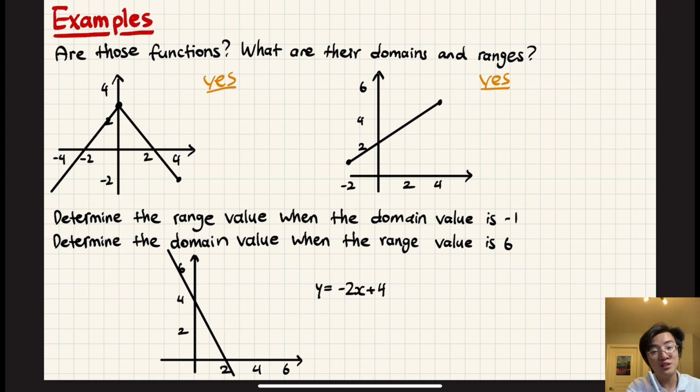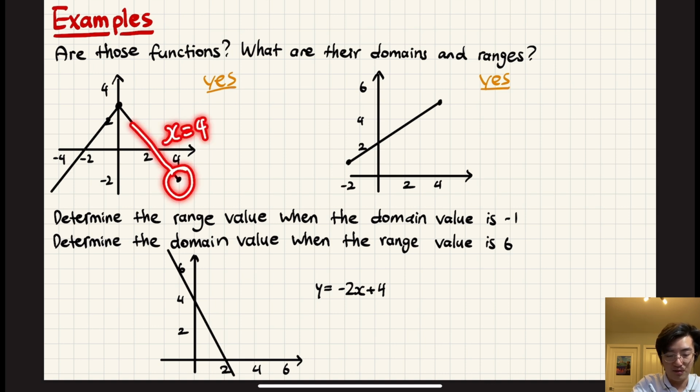So a quick way to determine the domain of a relation is to look at its x-axis, right? You can associate the domain with the x-axis and the range with the y-axis. So in this case, from the x-axis, we start here at x equals 4, and we're including everything to the left of 4, right? Notice that there's no point here. This line will keep going.